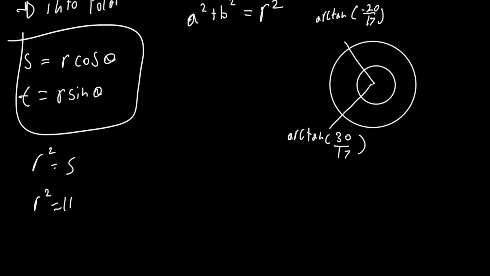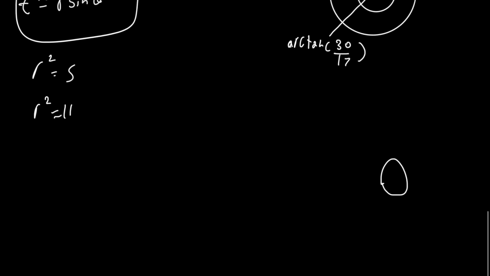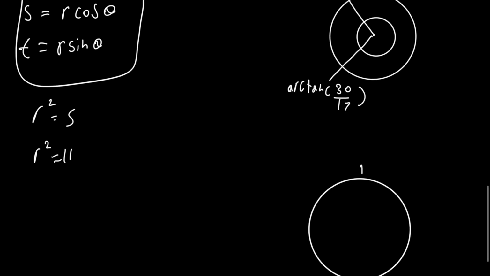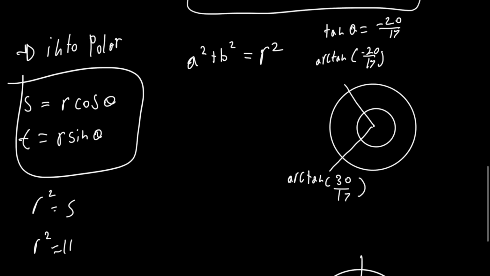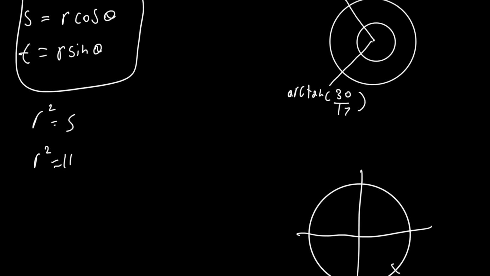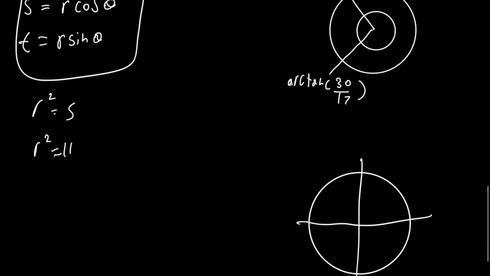Now just one thing. I'm going to draw a circle again. A lot of circles. So arctan falls between this region, between here. So that's one thing to remember. And negative 20 over 17 is actually somewhere over here in this fourth quadrant. I need it in the second quadrant.